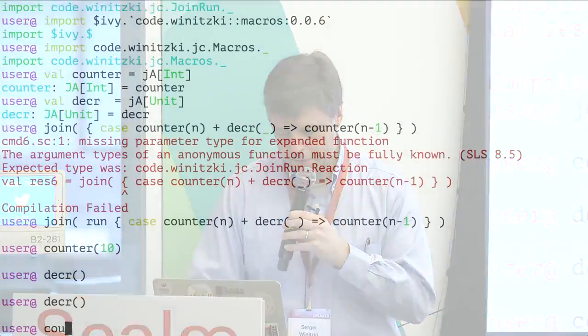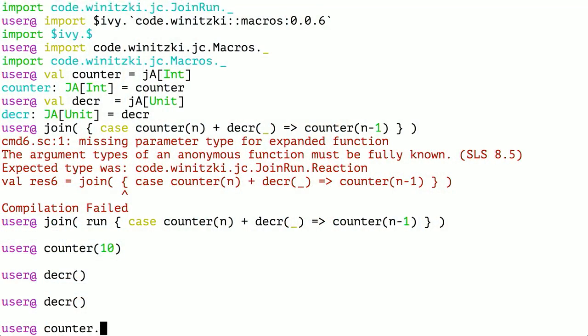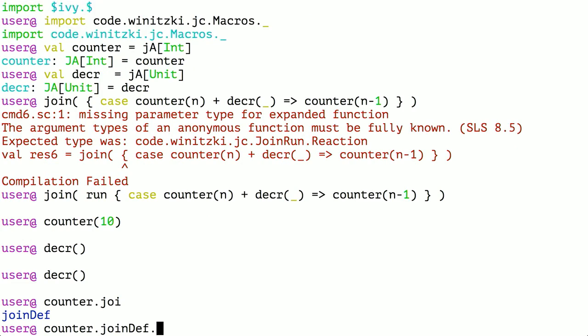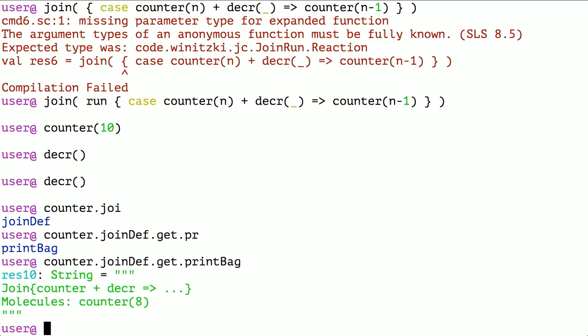I do counter. Well, first of all, counter has a member which is join def, which is the join definition. And then I have a debugging tool which says print bag. So it prints the bag of molecules.